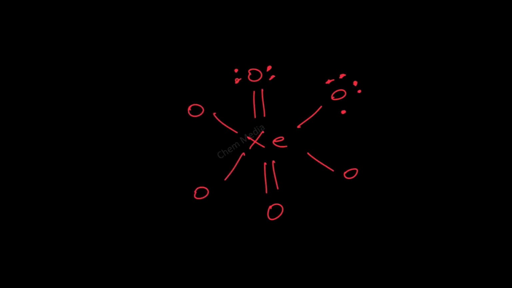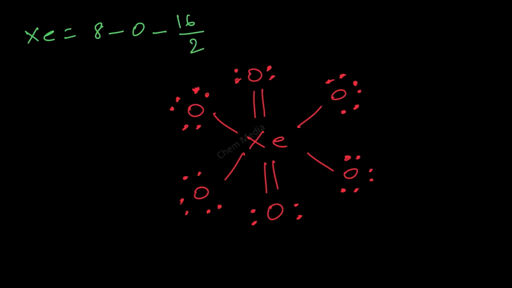So now if we calculate the formal charge for xenon, then it would be 0, isn't it? So let's say we have the best Lewis structure. If we calculate the formal charge now for xenon, then this is equal to 8 minus, we have no lone pairs once again, minus how many bonds we have? 4 plus 4, we have 8 bonds.